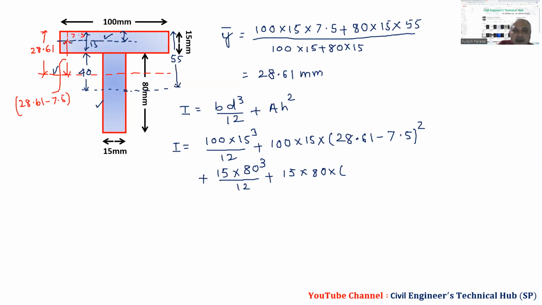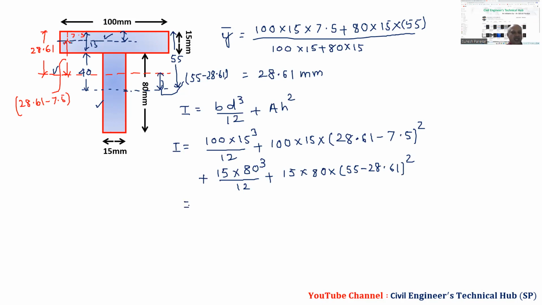So we have written over here 55. And then we have the distance between these two. So now this is 28.61, this is 55. So this distance becomes 55 minus 28.61 whole square.